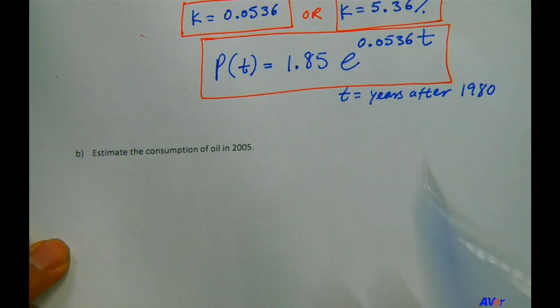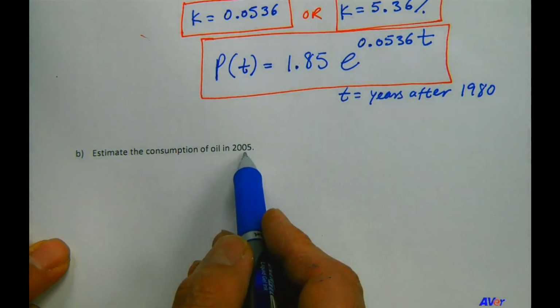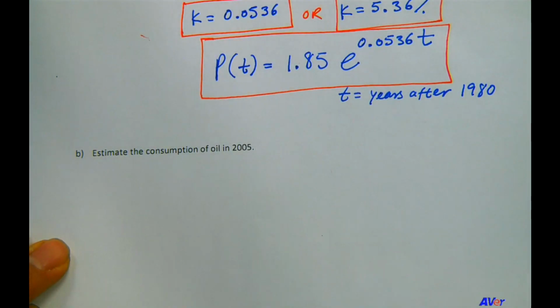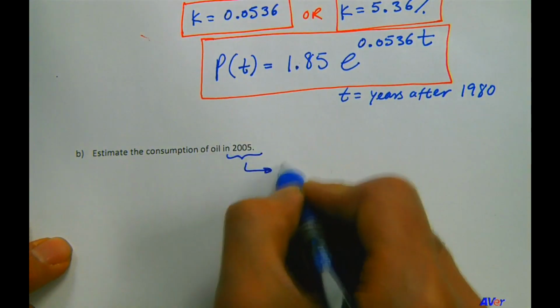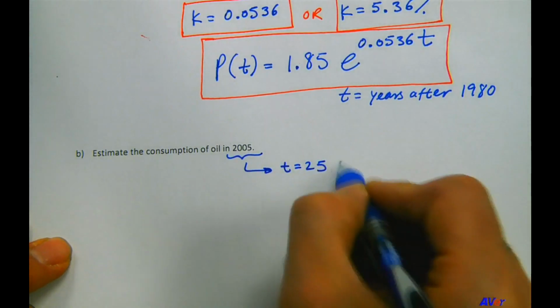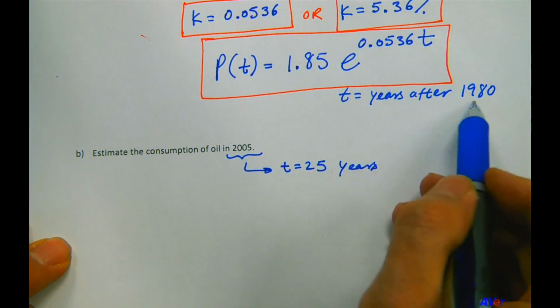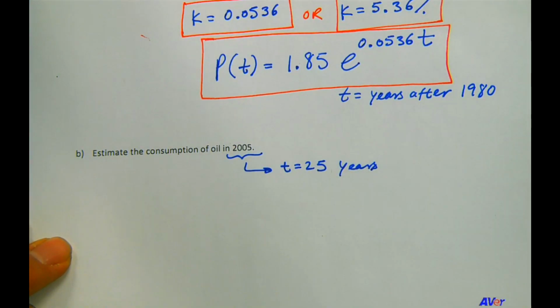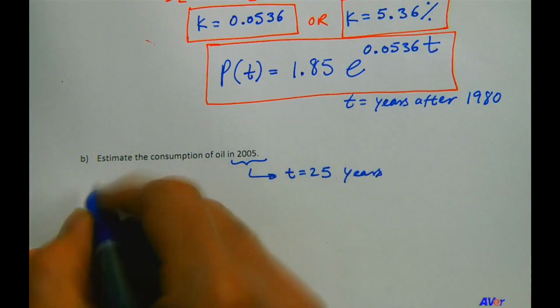In 1990, t would be 10. Now this is saying estimate the consumption of oil in 2005. That's how many years? 25 years, right? So t is equal to 25 years, because the reference here is 1980. So in this formula, let's plug in 25 for t.